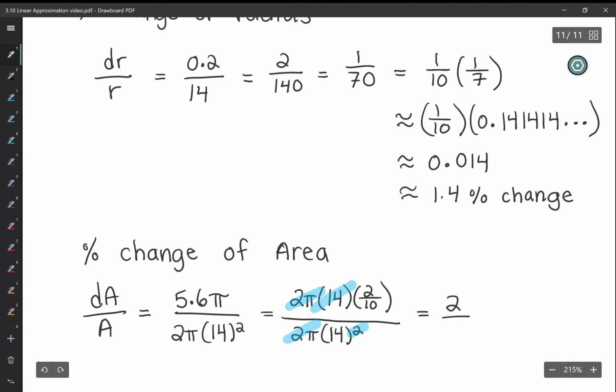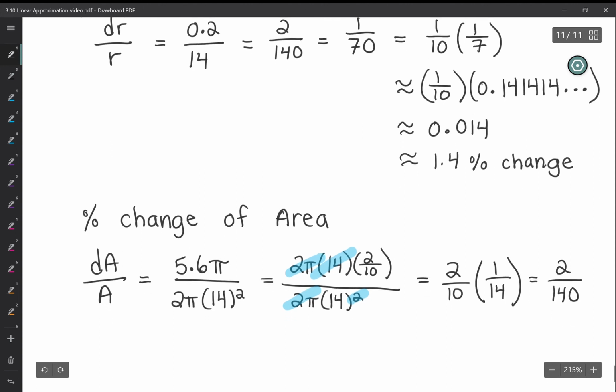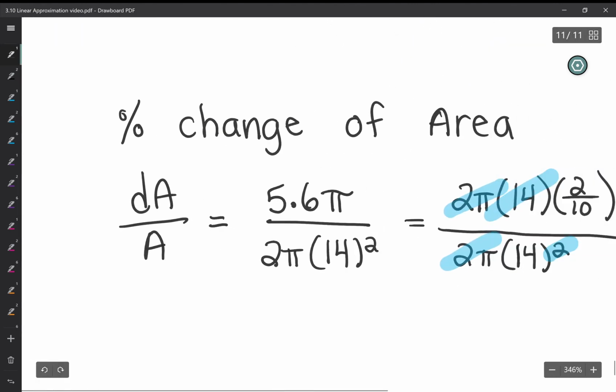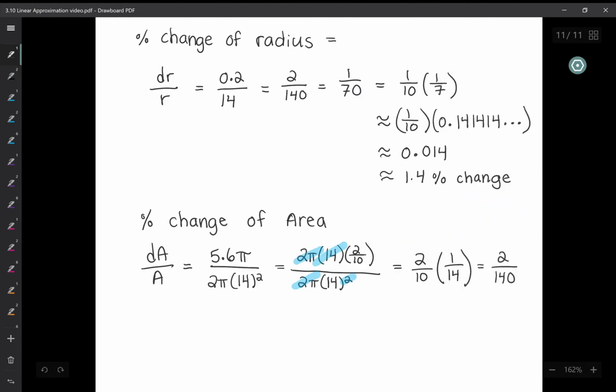So we're left with 2 over 10 times 1 over 14, which again gives us 2 over 140. Which is about a 1.4% change.